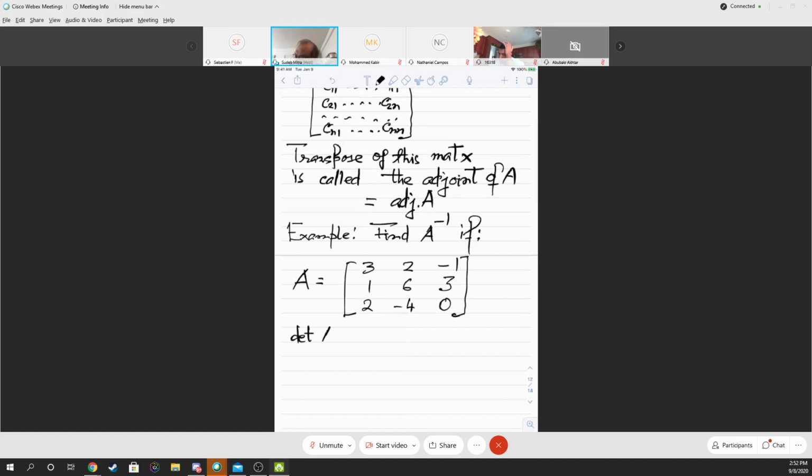So determinant of A is 3 times 0 minus minus 12, minus 2 times 0 minus 6, plus minus 1 times minus 4 minus 12. That is 36 plus 12 plus 16, which is 64.